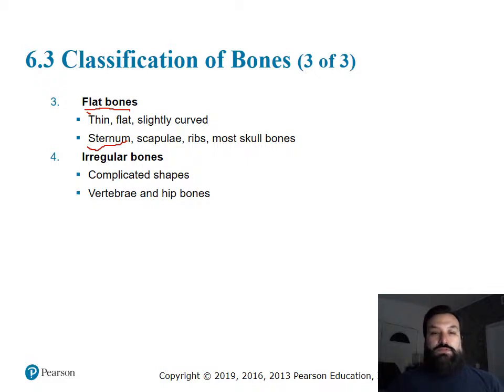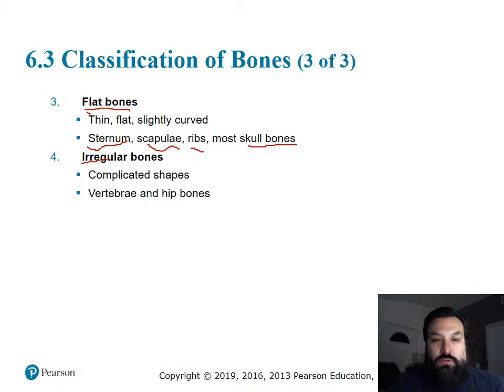Okay, that'd be the sternum. It's a flat bone. The scapulae, right? That'd be your shoulder blade, if you will. Your ribs are a great example of a flat bone, and most of your skull bones. And when you look at skull bones, front skull, back part of the skull, these are your flat bones. Even though they've got a curve and they might be rounded, still considered flat bones, right?